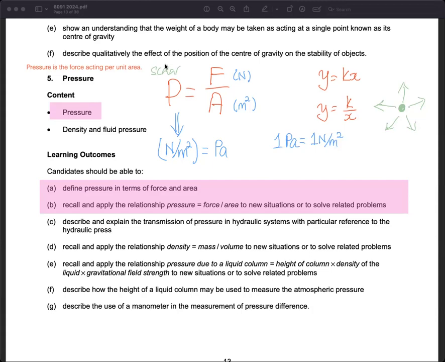So can you all remember that? Pressure is capital P, not small p. The SI unit is Pascal. The formula is force over area or force per unit area. That's the definition. And pressure is a scalar. Up to here, is it very simple?